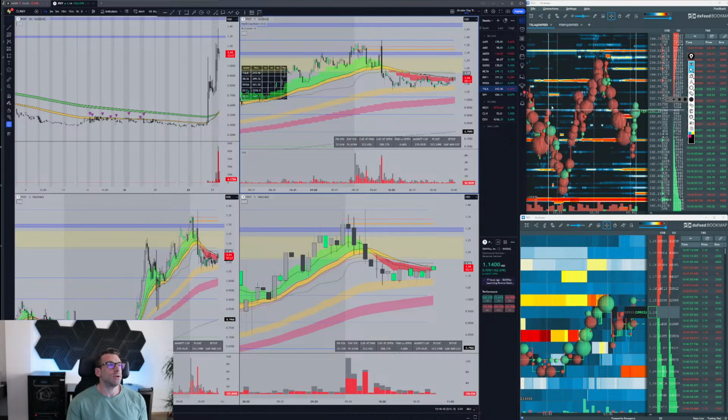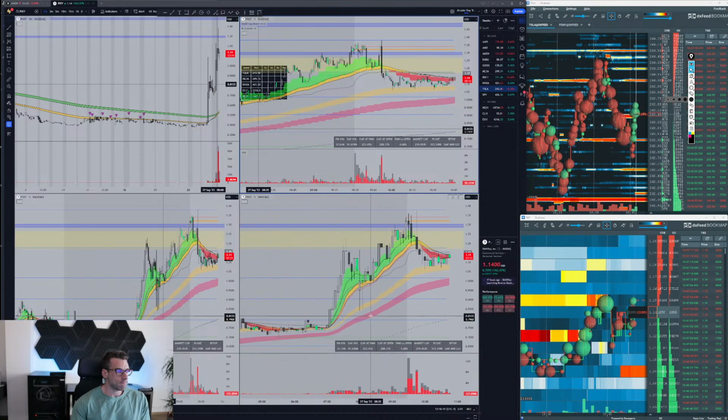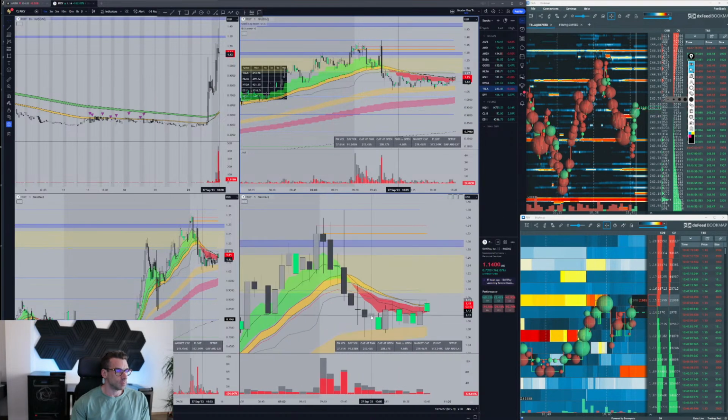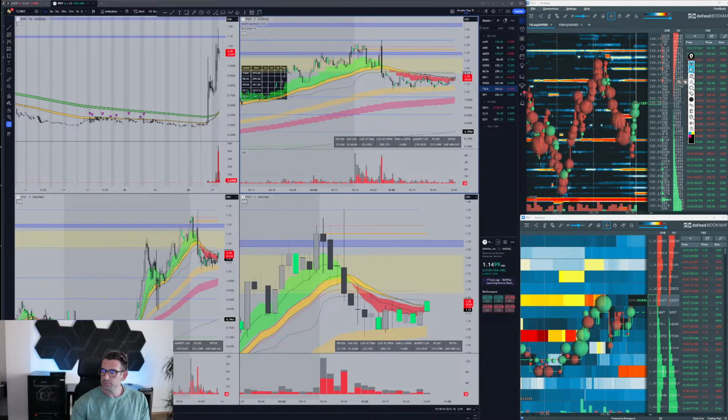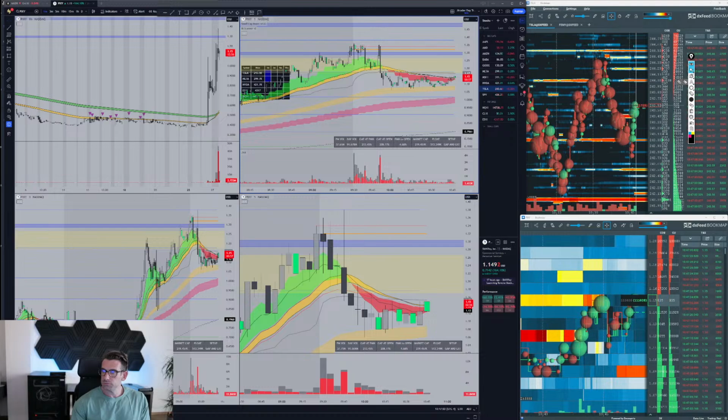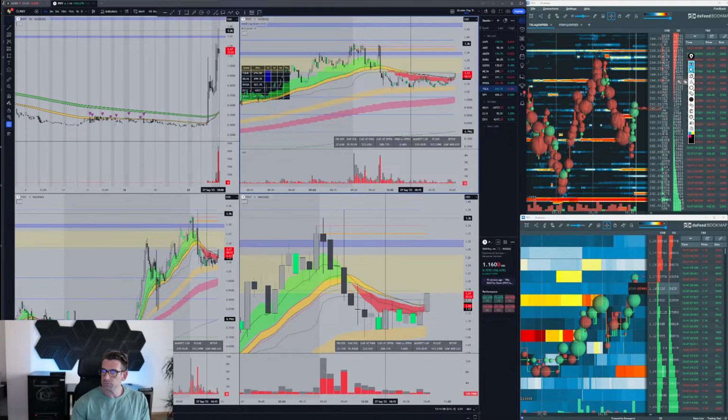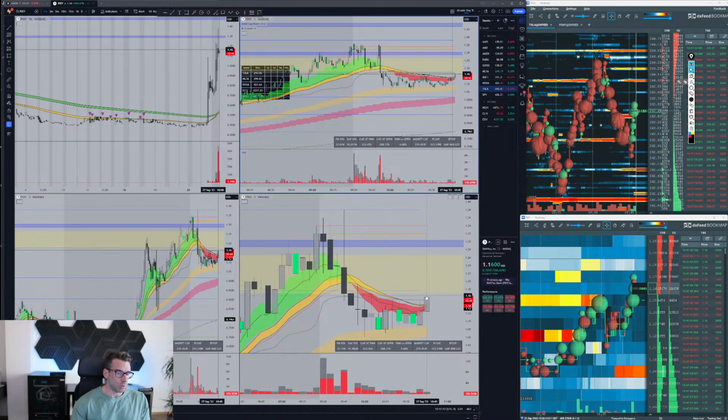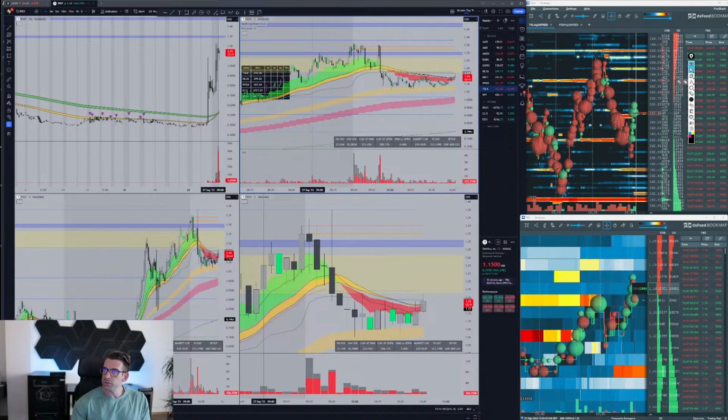So Tesla going back into the range. Do you see anything else pushing for now? Trying to break over here the 116, 117. Let's look if we have a little bit of extension.